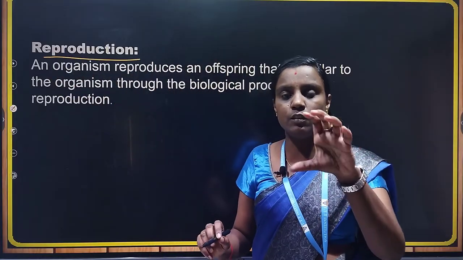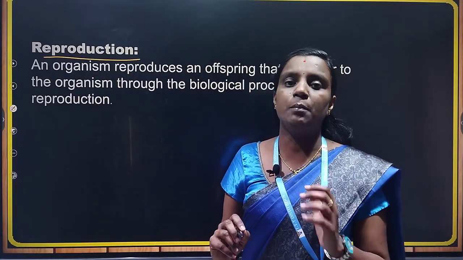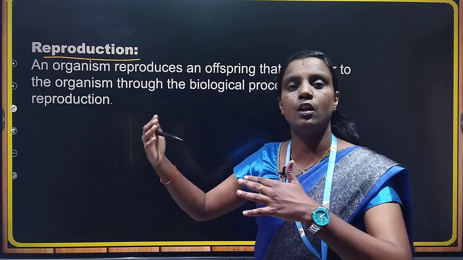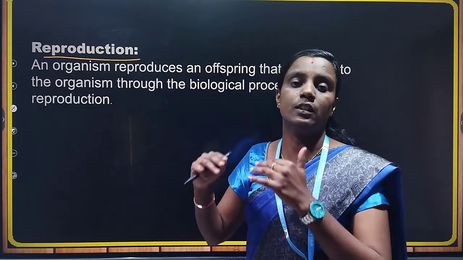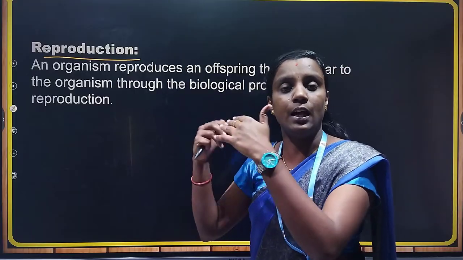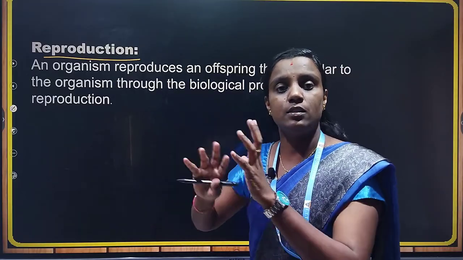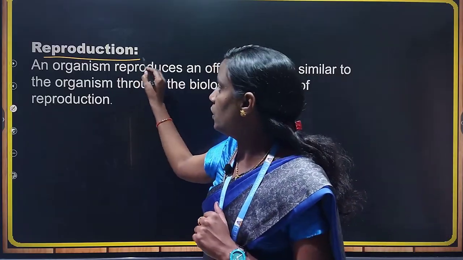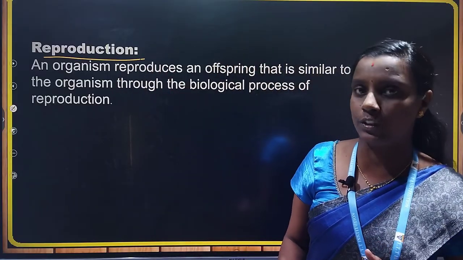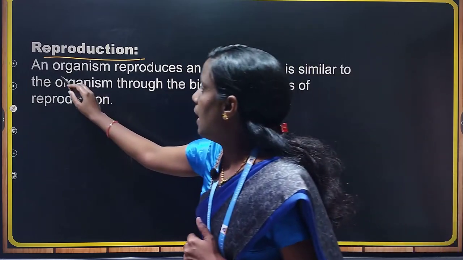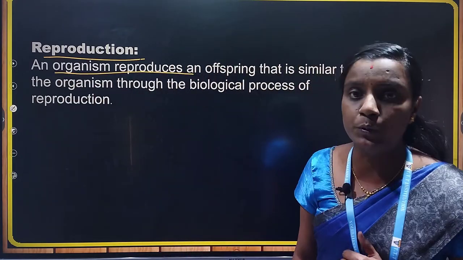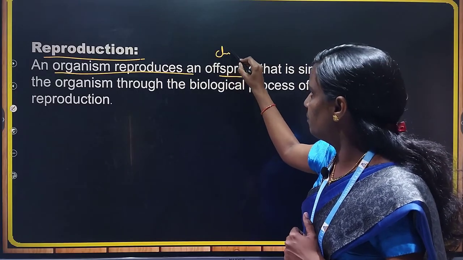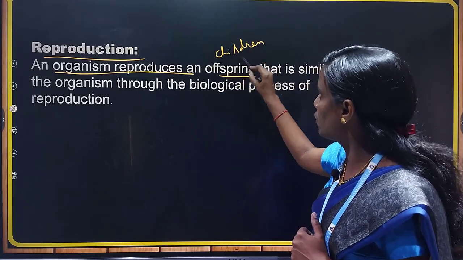When you listen to the word reproduction, it means the producing of the generation, production of the next organism, another organism from the same parents, right? So here reproduction is nothing but, when you want to learn the definition, an organism reproduces an offspring. Offspring means their children, or the next generation of it.